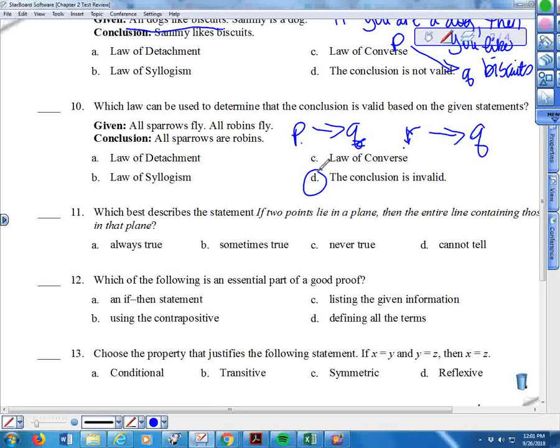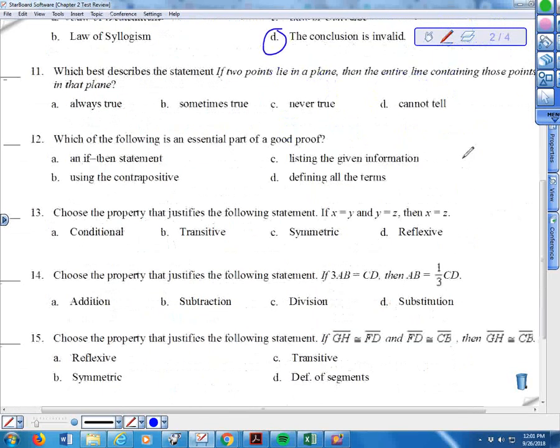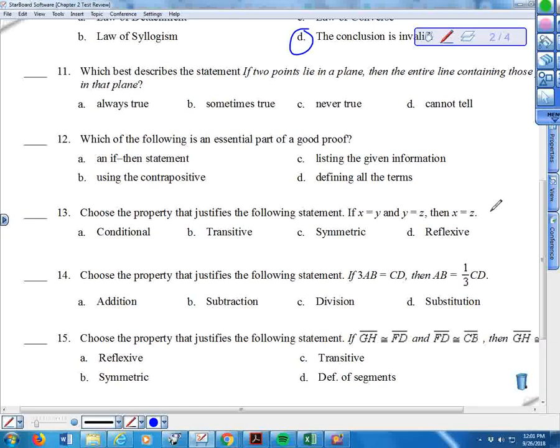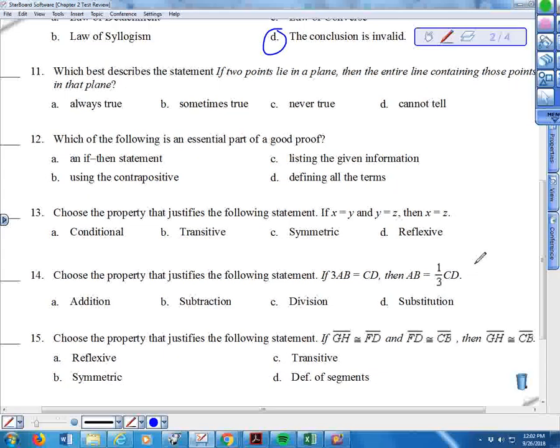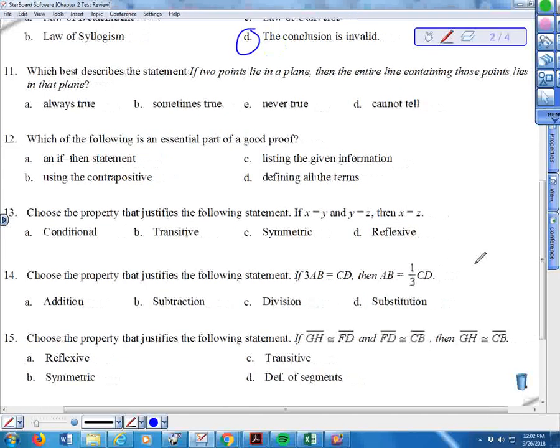Okay? Which best describes the statement? If 2 points lie in a plane, then the entire line containing those points lies in that plane. Is it always true, sometimes true, never true, or cannot tell?